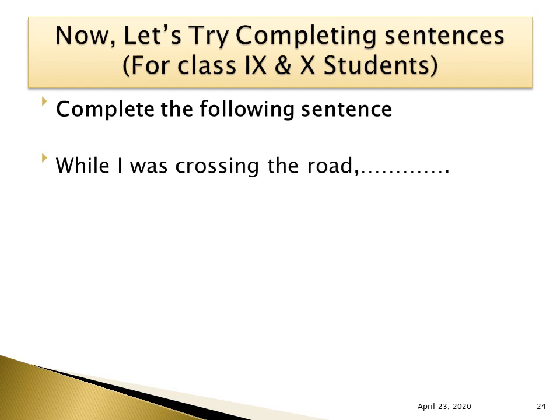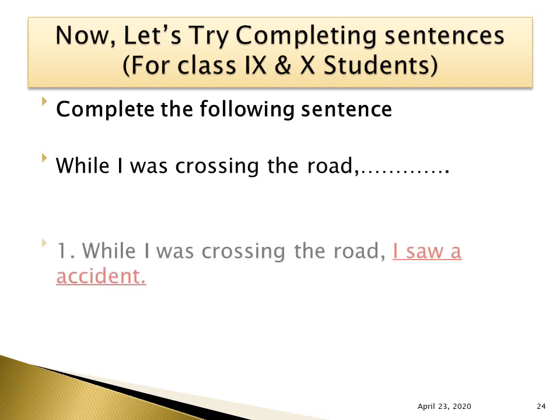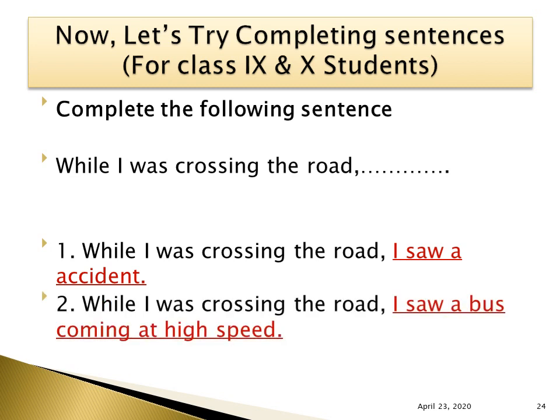So you should complete the sentence using past tense. While I was crossing the road, I saw an accident. Or you can write, while I was crossing the road, I saw a bus coming at a high speed. So these are two examples. There are more because I have already told you that the answer of completing sentences will vary from student to student.